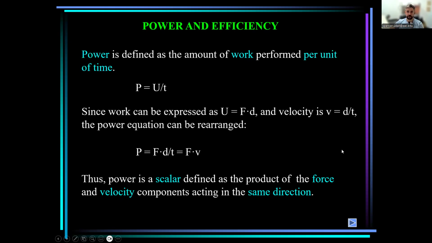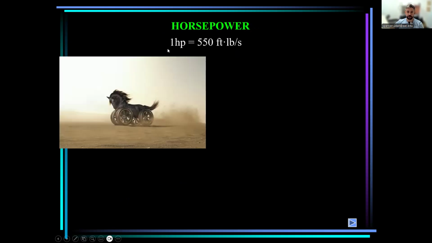So along the lines of units, we could have power in foot-pounds per second or newton meters per second or joules per second, but a horsepower is something that we often are dealing with in regular devices and machines.